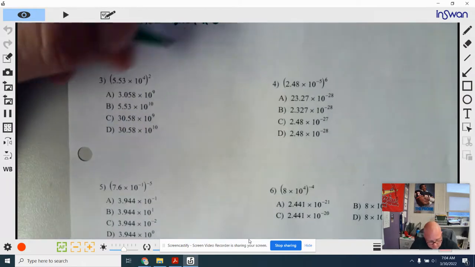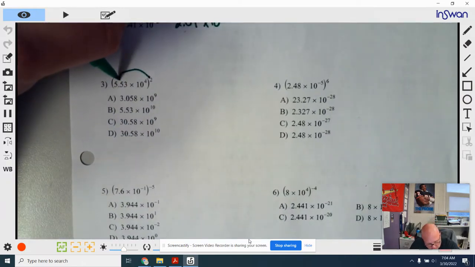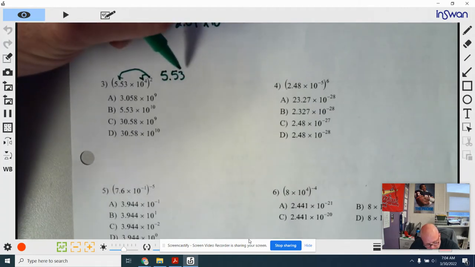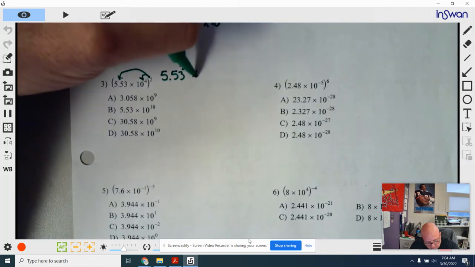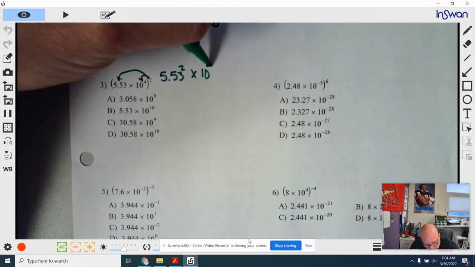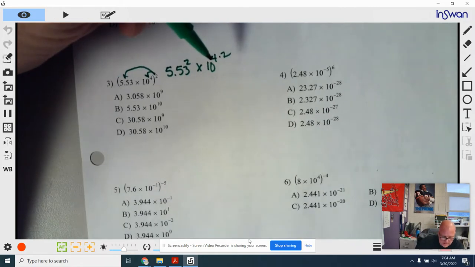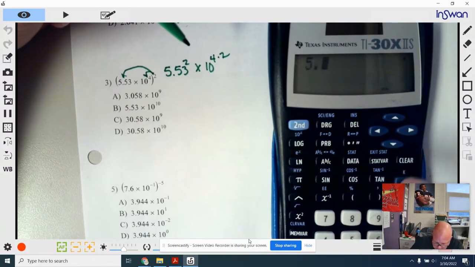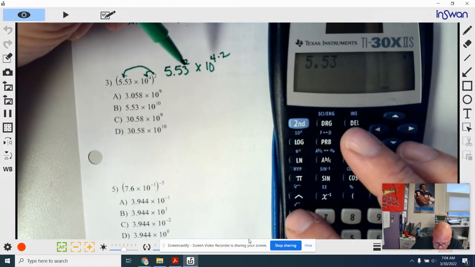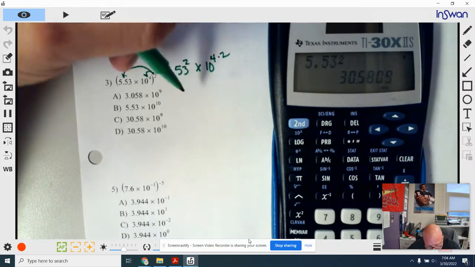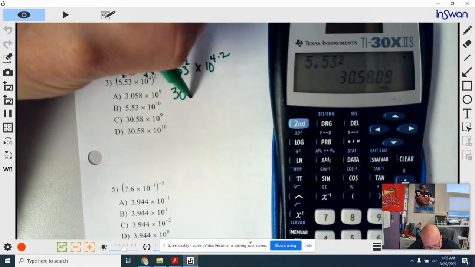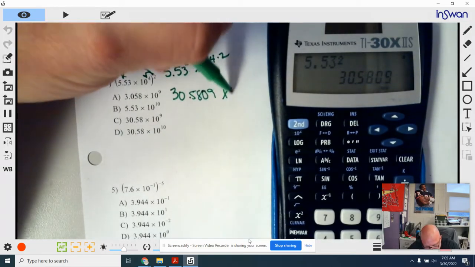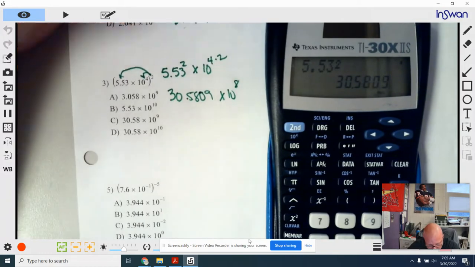Okay, number 3. I'm going to take in the 2. So I've got 5.53 squared times 10 that was to the 4th power, now being multiplied by that squared outside. I don't have 5.53 squared memorized, so I'm going to do that, and I get 30.5809 times 10. 4 times 2 gives me 8.